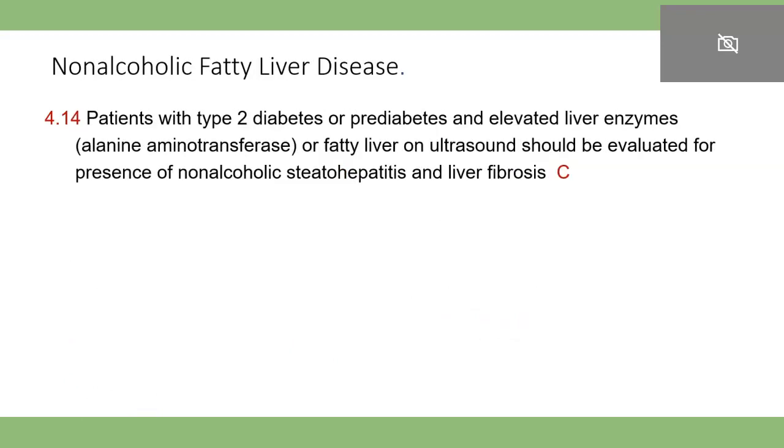We talked about this, talked about that, which is why you're going to check liver enzymes, which would be on a complete metabolic panel. Anybody with elevated liver enzymes, especially if it's 3 times above the upper limit, you should do a workup, and this is a C recommendation, but in primary care, this is what I do.